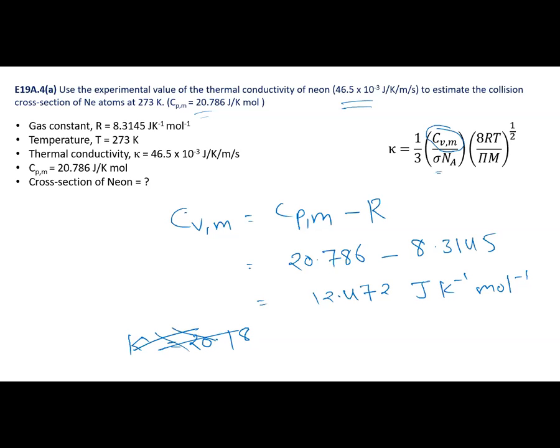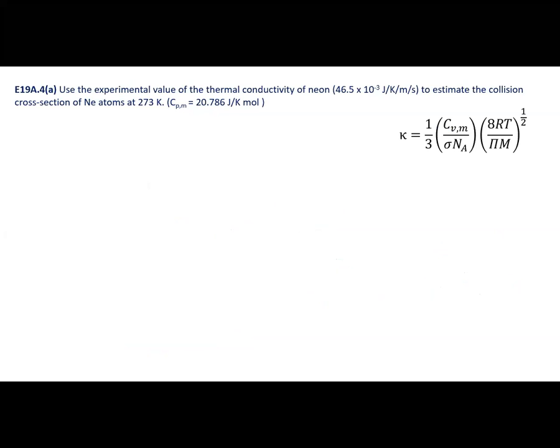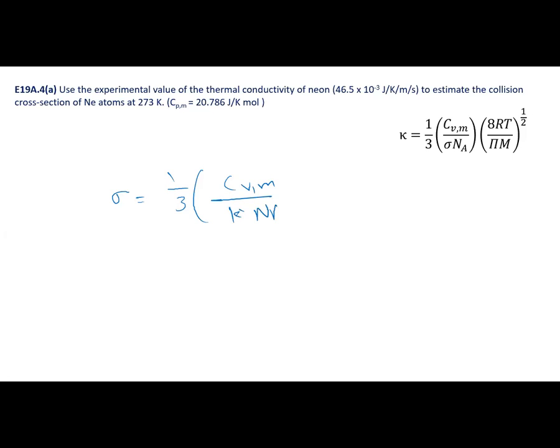I'm sorry. So I'm going to take sigma onto the left hand side of the equation, and it becomes 1 over 3 CVM over kappa Na times 8RT over pi m to the power of half.